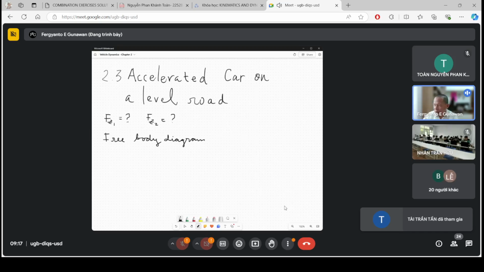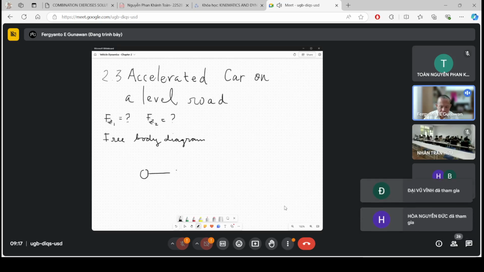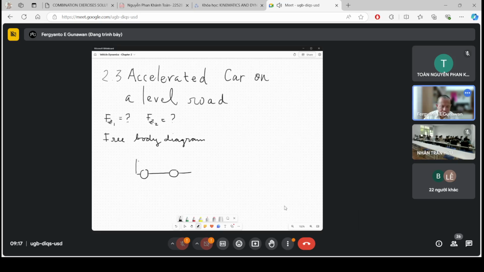We start with the free body diagram of the vehicle. As you saw, we draw a very simple vehicle here. This is the front side and this is the rear side of the vehicle, and the center of gravity is located here.